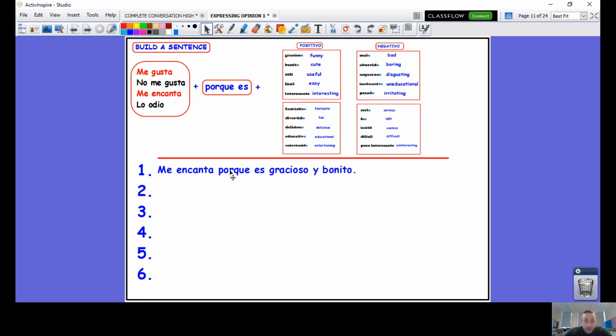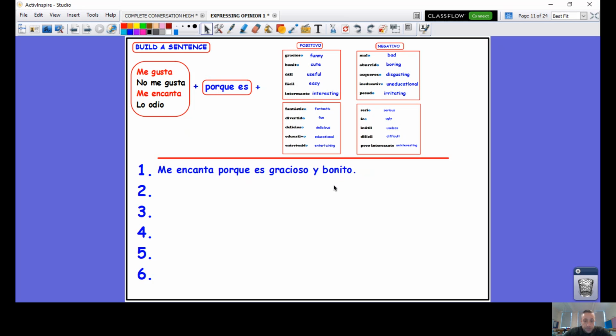I'm going to show you some pictures, and all you need to do is write one sentence about that picture. So if I were to show you a picture of a lovely bunny rabbit, this would be my sentence. Me encanta, I love it, porque es, because it is, gracioso, funny, y, and bonito, cute.